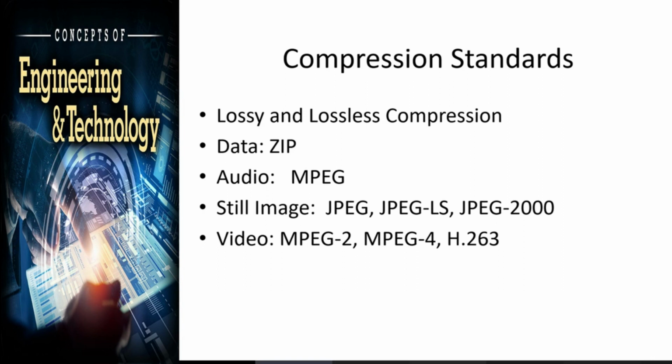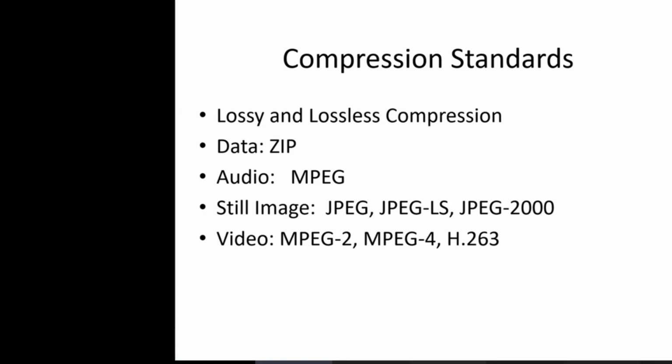For audio, we have MPEG. For still images, we look at JPEG. For video, we have MPEG-4, MPEG-2 and so on. So here also we need to have standards. That is what we are saying: the standards are always important.